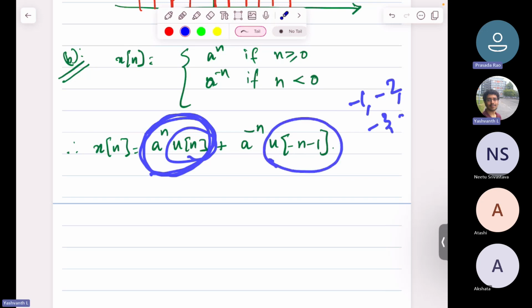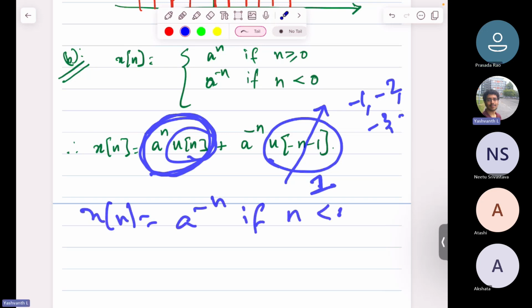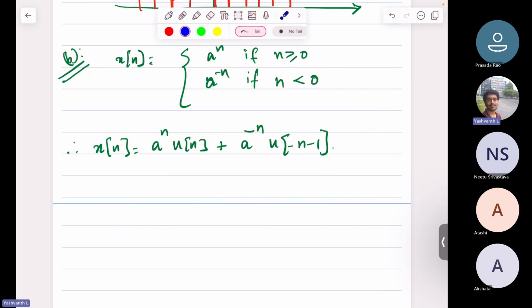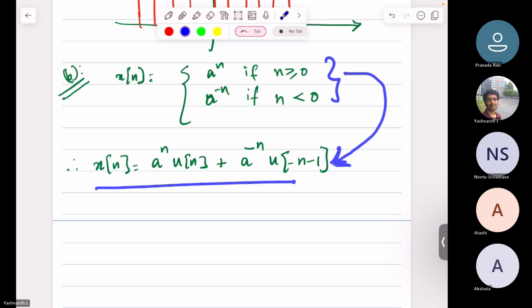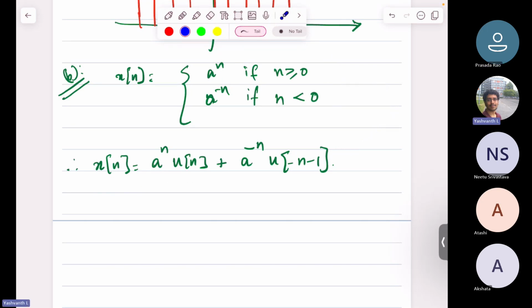But the second term, u of minus n minus 1, will be equal to 1. So x of n will be equal to a power minus n if n is less than 0, and that is basically the second condition. So you can capture both these conditions by a single signal, something like this.